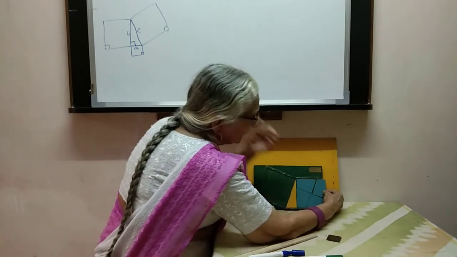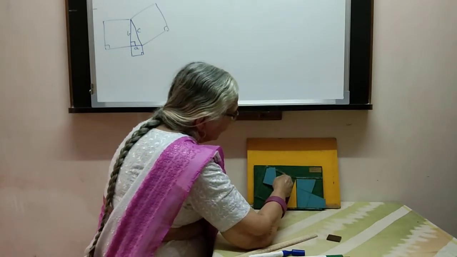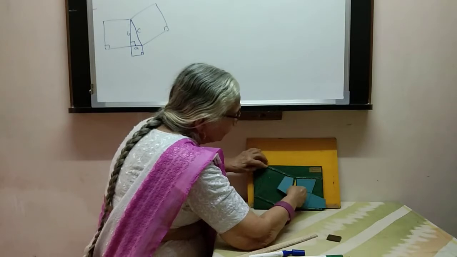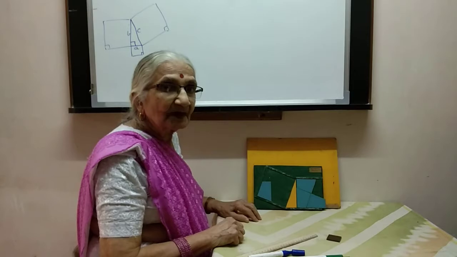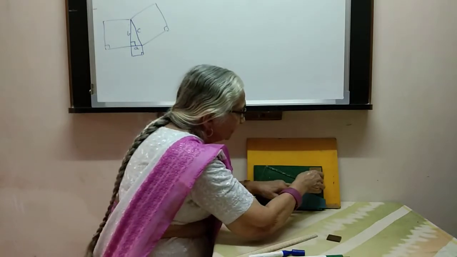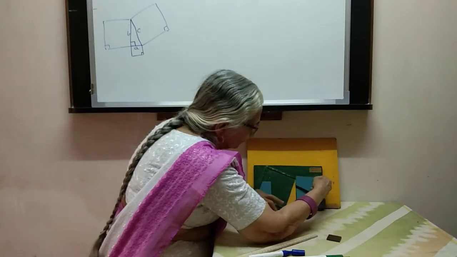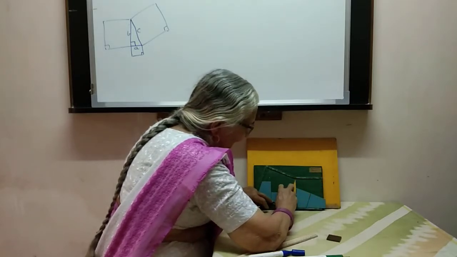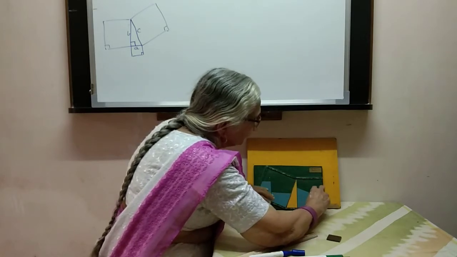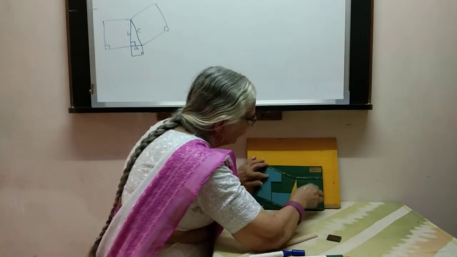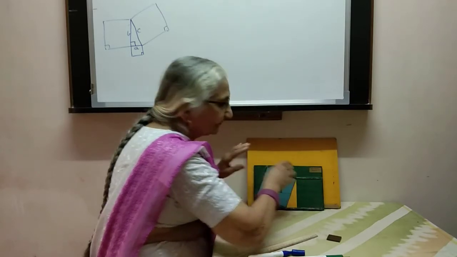So the inside right angle goes outside. And now if you try to see, it won't go here, it won't go here, it will go only at this place. And the same thing applies to all of them. For this one, the inside right angle has to go outside. It will have to go there. This inside right angle will have to go there, and this one over here. That is one way of remembering it.